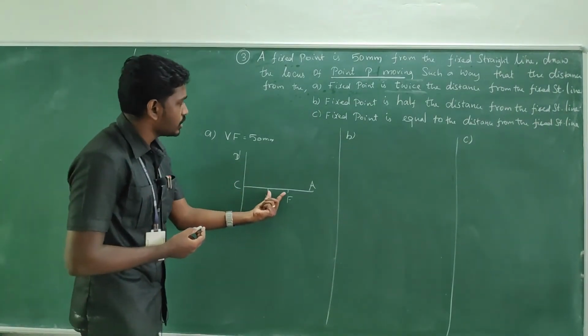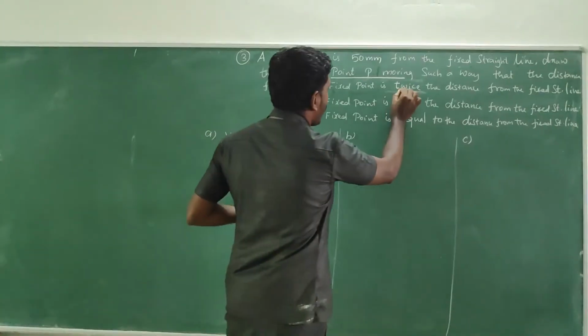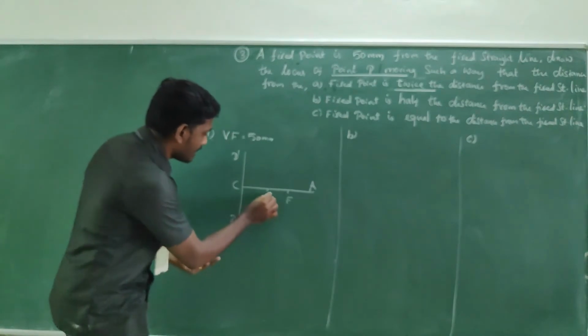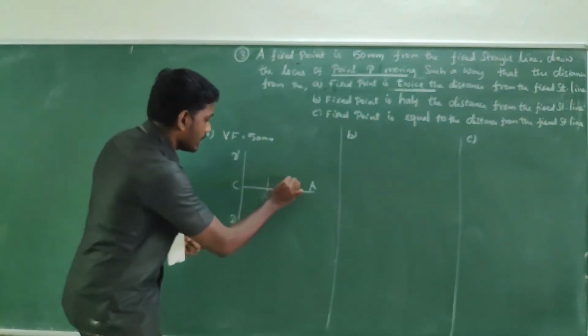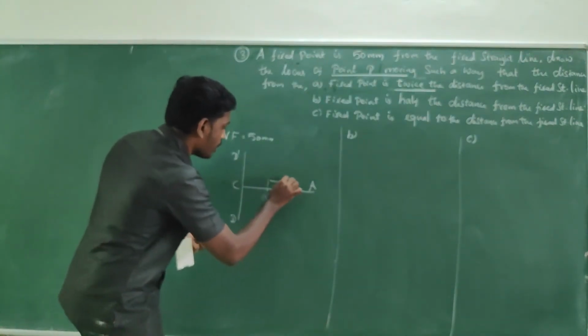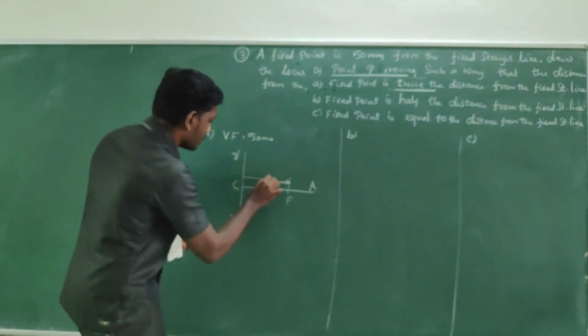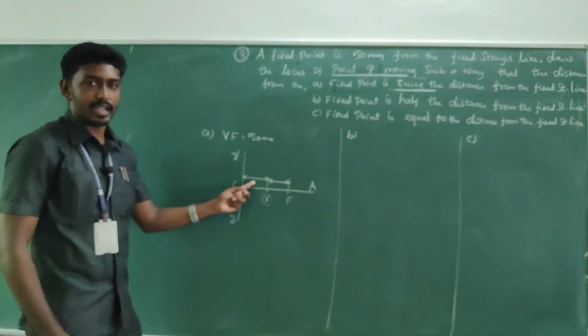So here it is being said the fixed point distance is twice with reference to the moving point. The fixed point distance is twice when compared with the fixed straight line.